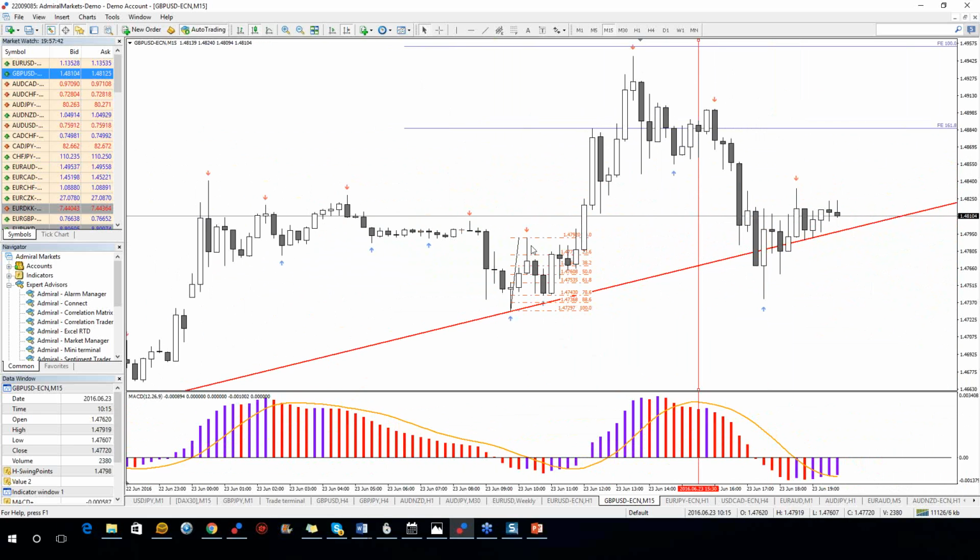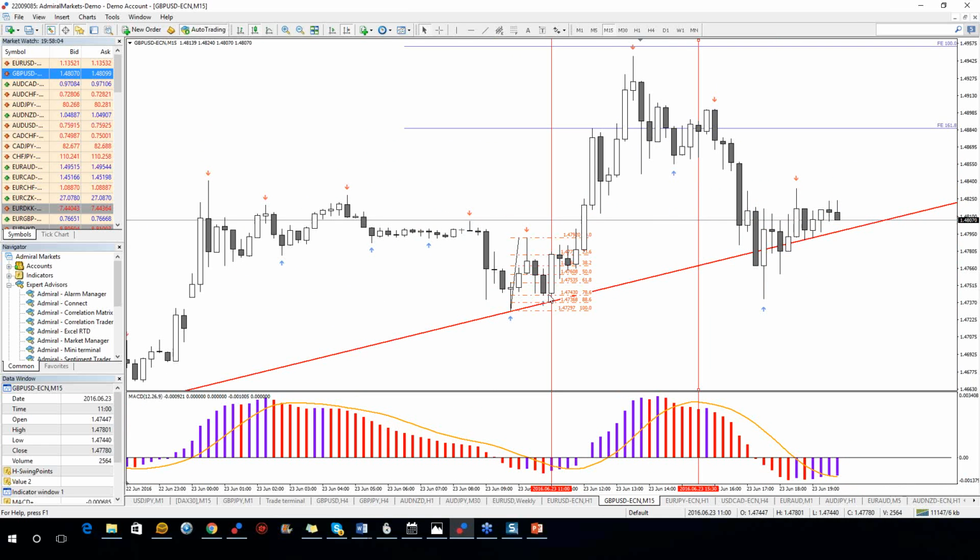Same here, you see, swing low, swing high, uptrend, trend line. This is the 78.6 retracement. So this was the qualifier here. And actually the next histogram was higher because it goes up here. It doesn't go down.